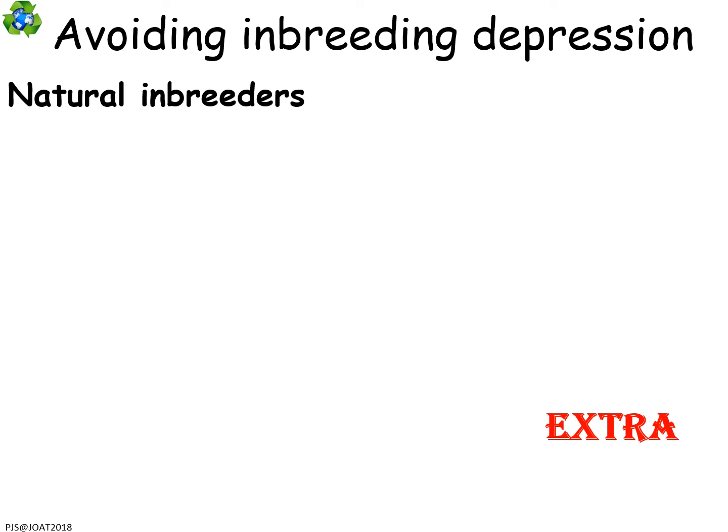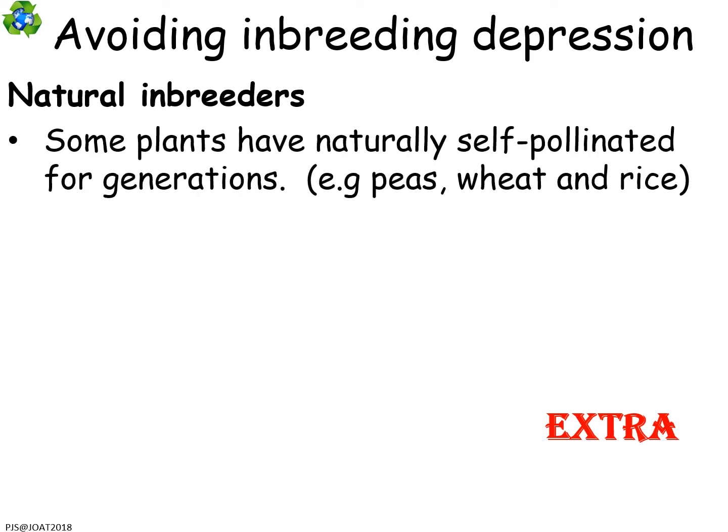So there are some ways that you can avoid inbreeding depression, and some plants have been doing it for thousands of years. So there are plants that naturally self-pollinate. A lot of our crop plants have naturally self-pollinated for hundreds of generations.